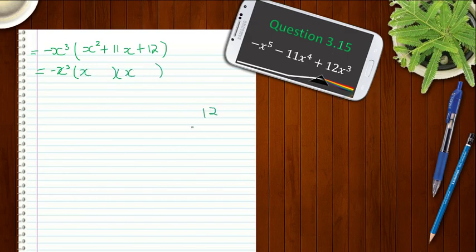So factors of 12 are 1 times 12, 2 times 6, and 3 times 4. All right. And to get plus 11, 1 and 12 can give me either 13 or 11. That means I can say plus 12 minus 1, because that would give me plus 11. So this is minus 1 plus 12.